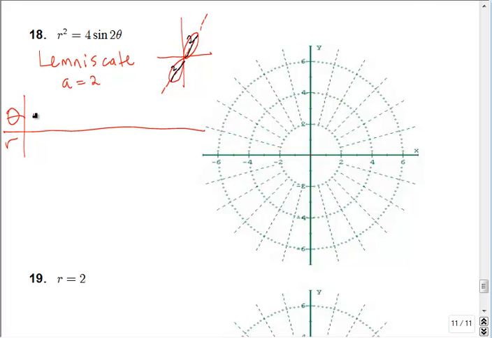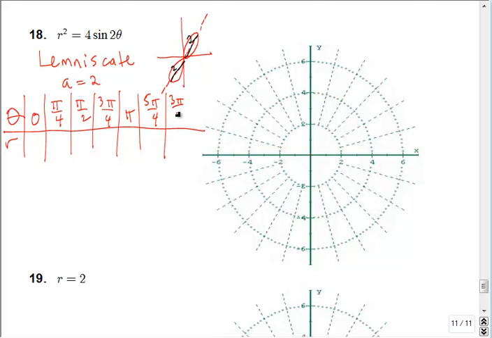So in my list of angles to plug in, let's start at 0, and then I'm going to go to pi over 4, and then pi over 2, then 3 pi over 4, and then pi, then 5 pi over 4, 3 pi over 2, 7 pi over 4, and then back to 2 pi.